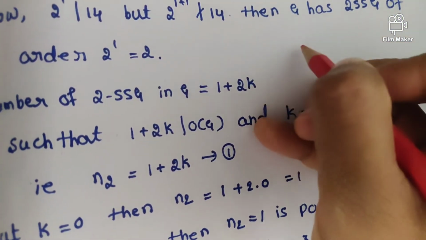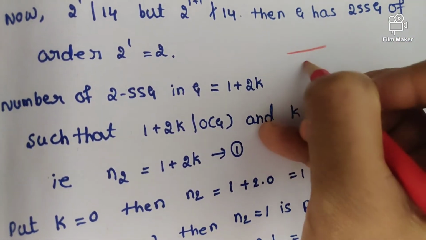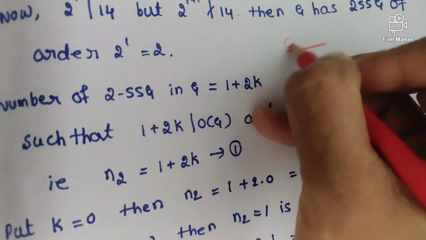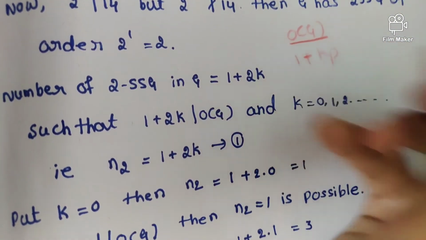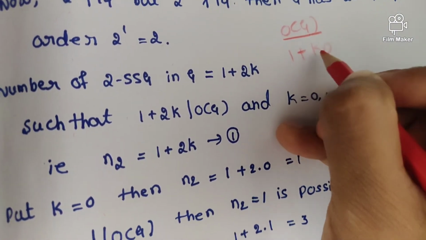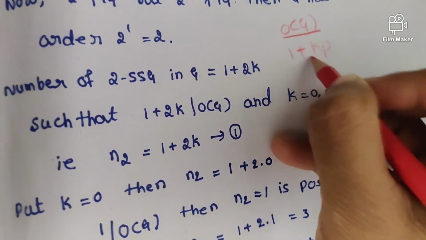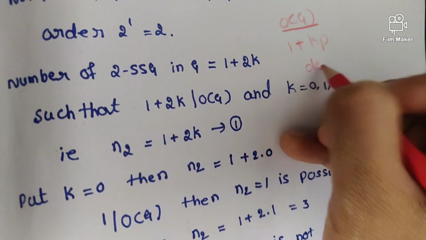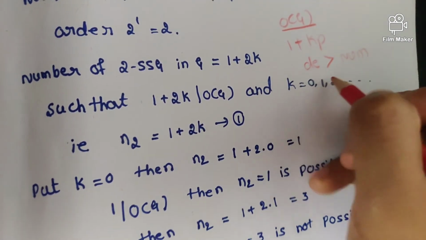And you might ask until when we have to take these k values. Here this is our numerator and this is a denominator, right? Here we have the order of G, and here we have 1 plus kp. You have to put k values and check until the denominator is greater than the numerator.